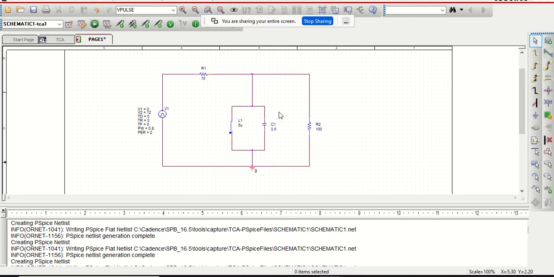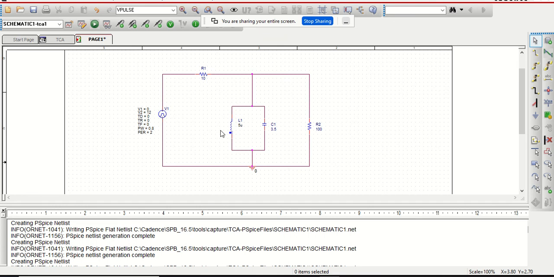For our diagram, we have two resistors, R1 10 ohm and R2 100 ohm, one capacitor 3.5 farad, and one inductor 5 microhenry. We need to observe the current and voltage for each branch.